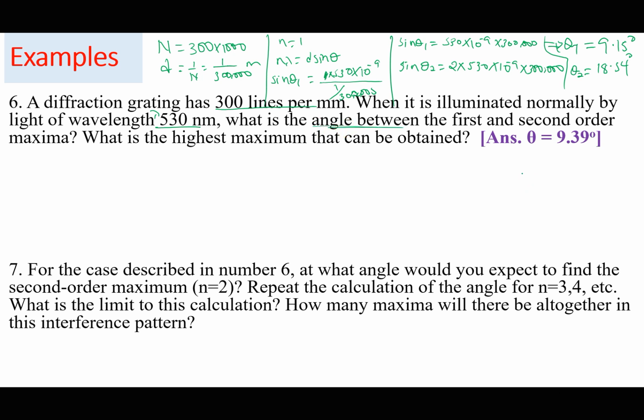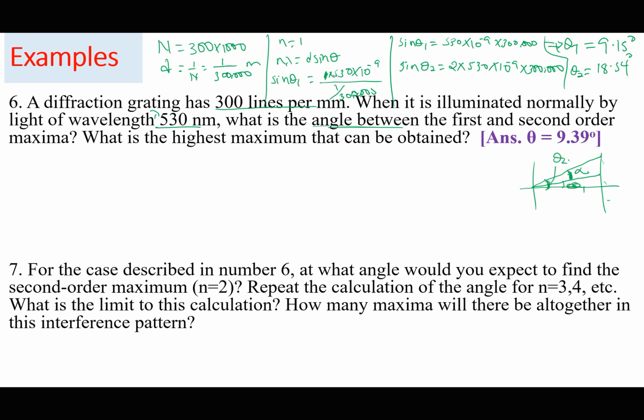So we want the angle between the first and the second. If this is the diffraction grating, this is the center, and this is the screen. So we have the first and the second, and we want the angle between them. This is the angle I'm looking for. I'll call this angle alpha. Remember, theta 1 is measured from the center. Theta 2 is also measured from the center.